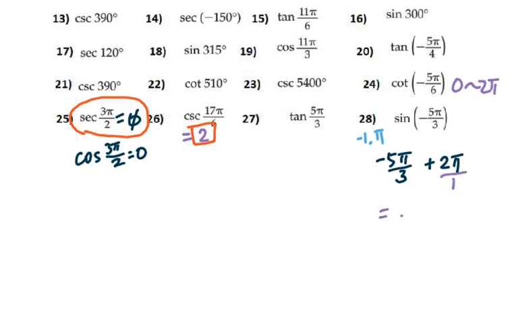Then we got denominator 3. This is negative 5 pi, add 6 pi. So we got pi. You don't have to do QRS because that's a sine pi over 3. Go to first quadrant, always positive. Get square root of 3 over 2.